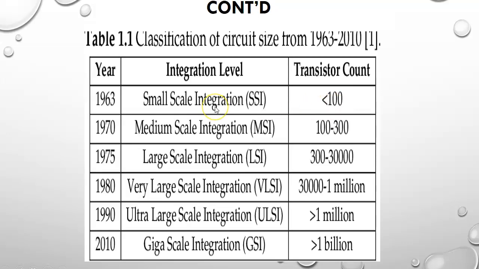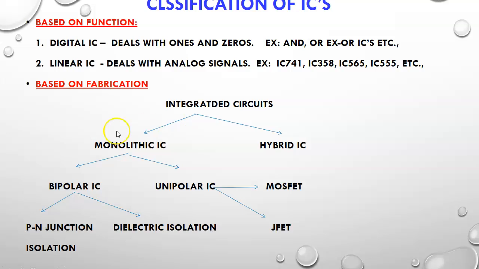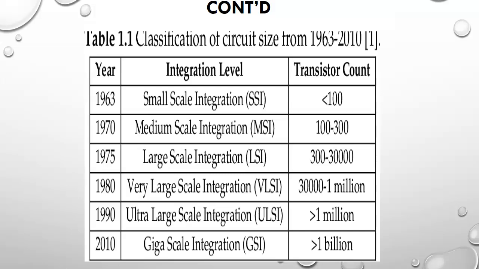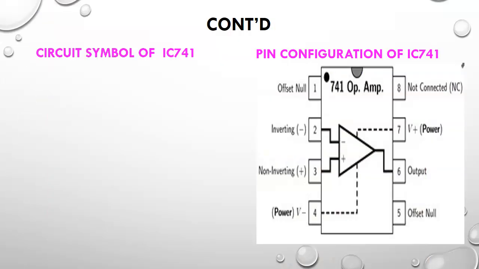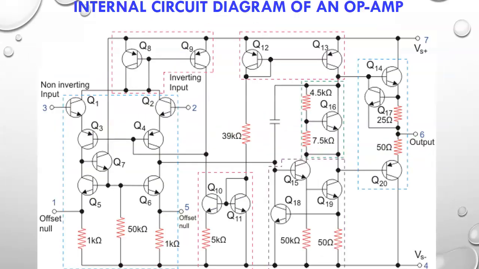So it comes under small scale integration and monolithic IC, and based on function, it is a linear IC, a linear monolithic small scale integration IC. So this is the final block diagram and internal circuit diagram of an opamp.